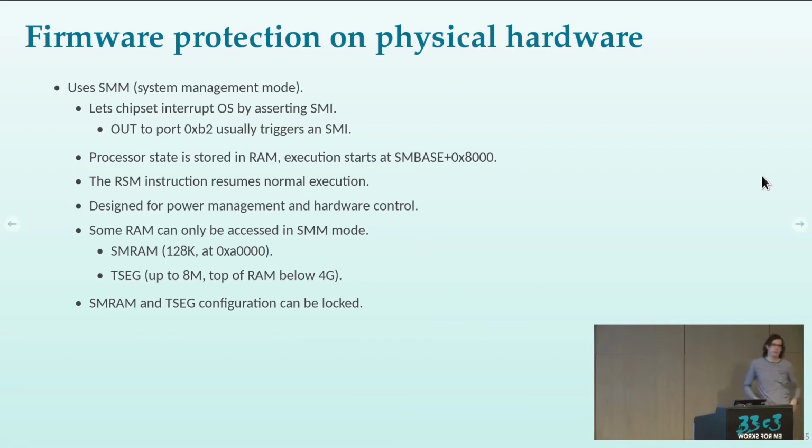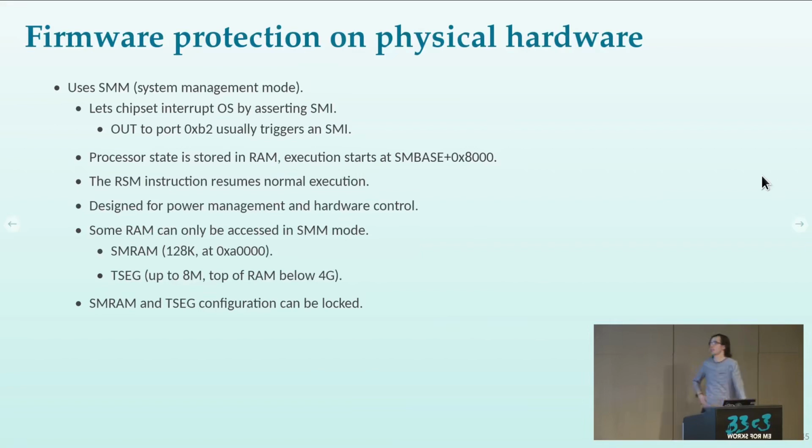It was designed for stuff like power management, so that you don't need a special side processor to do your power management. You can just have the chipset raise system management interrupts, and then it runs this special code, which can check the temperature sensor and maybe tune the fan speed if it's too hot or too cold, stuff like that.